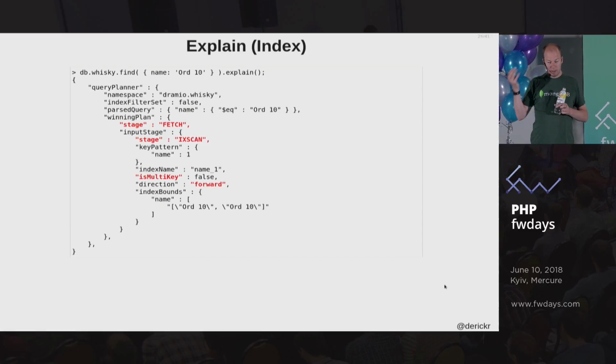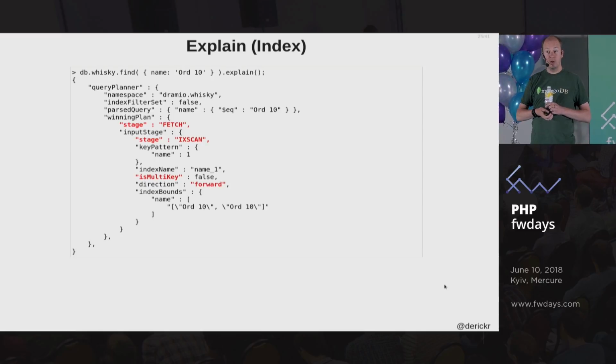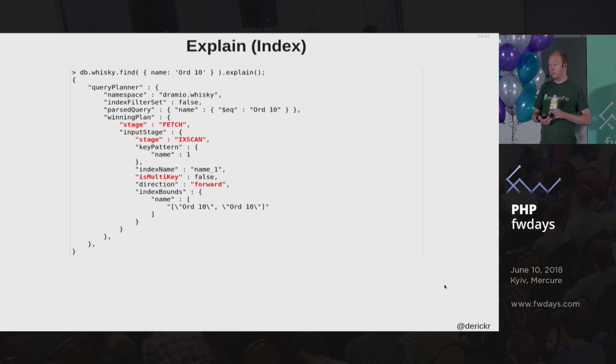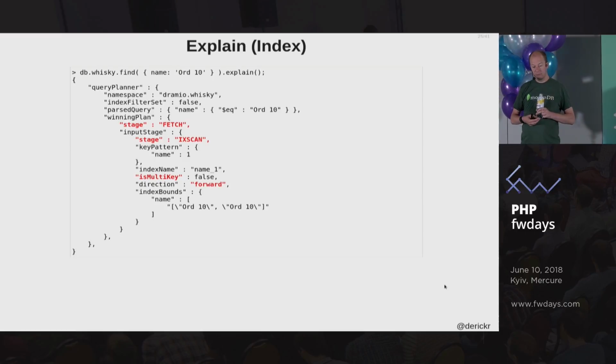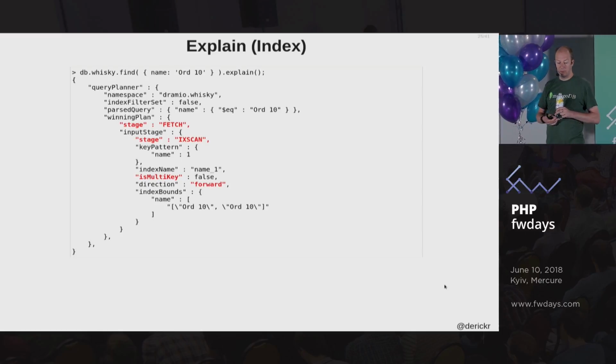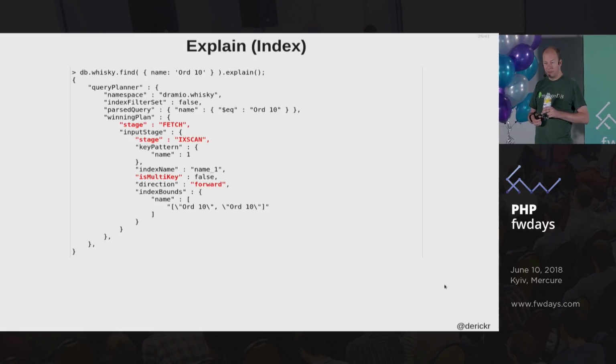All right, so it's important, of course, to figure out whether indexes are actually being used. And for that, we use explain, like you would use in MySQL as well. The output that you get from that looks a little bit different, but if you look at this often enough, it actually becomes quite obvious what it is doing. So the way you read these explains is you start at the most deeply nested level, and then you walk your way up.